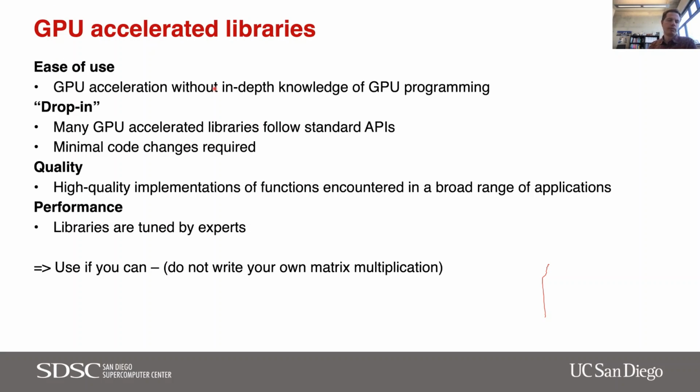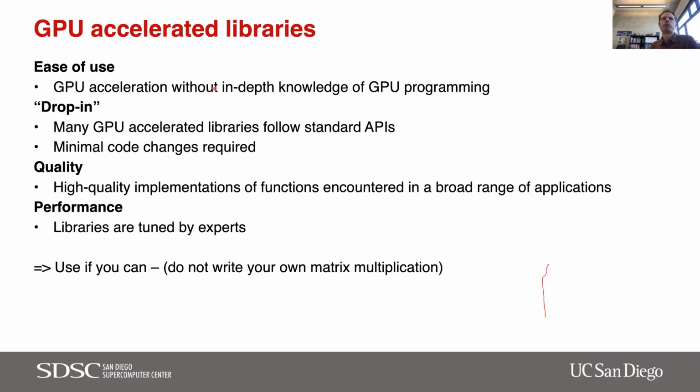For instance, the BLAS libraries, the basic linear algebra subprograms. You can use Intel's MKL library or a vendor library, or you can just download the source code of the CPU version, and the same way you can use the cuBLAS libraries that are a direct replacement for that, and the code will run on the GPU. I'll just show you very briefly how that works in principle.